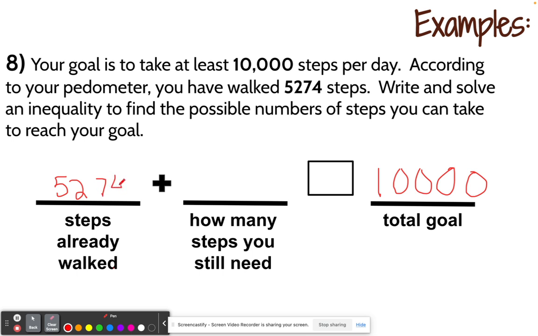And I want to know how many more steps I have to take to meet my goal. Well, I want to do at least 10,000. 10,000, 11,000 would be good. All of those numbers would be good. So I want at least, greater than or equal to 10,000.